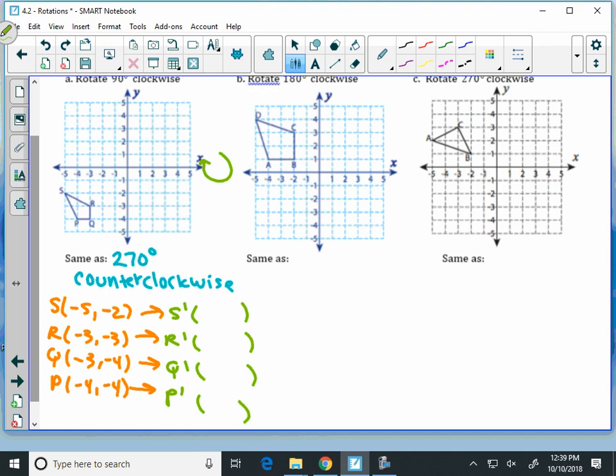Let it change the second. So I like to flip my point first, and then go through and change the sign of the second. And then reflect them. And connect. So there we go. S prime, R prime, Q prime, and P prime.